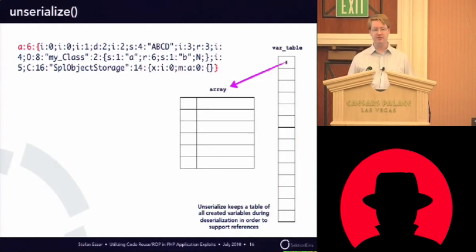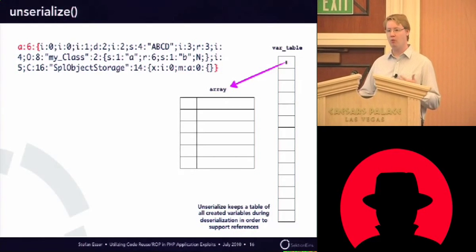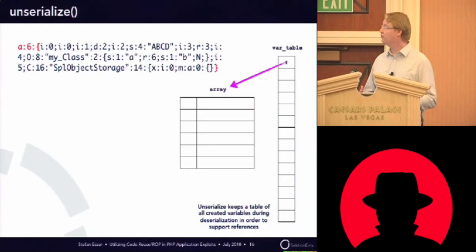The idea is that when you want to unserialize a reference, you need to know which variable you want to reference. So unserialize creates a variable table where every variable it creates is inserted, or a pointer to the variable is inserted. And later when you create a reference to the third slot, unserialize will look into the variable table and get the variable from there.